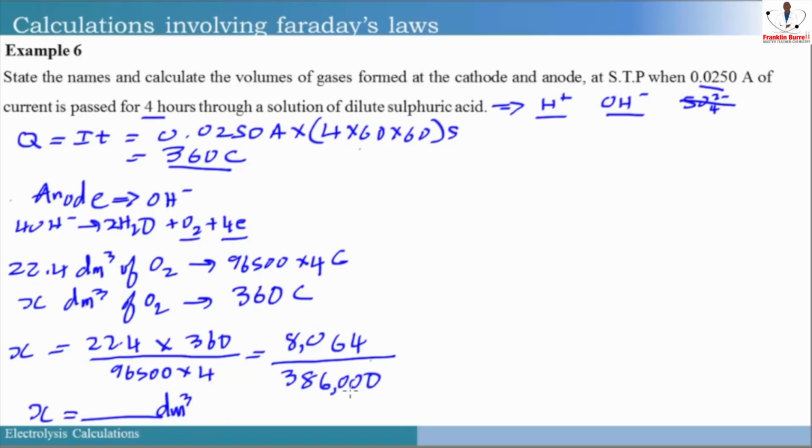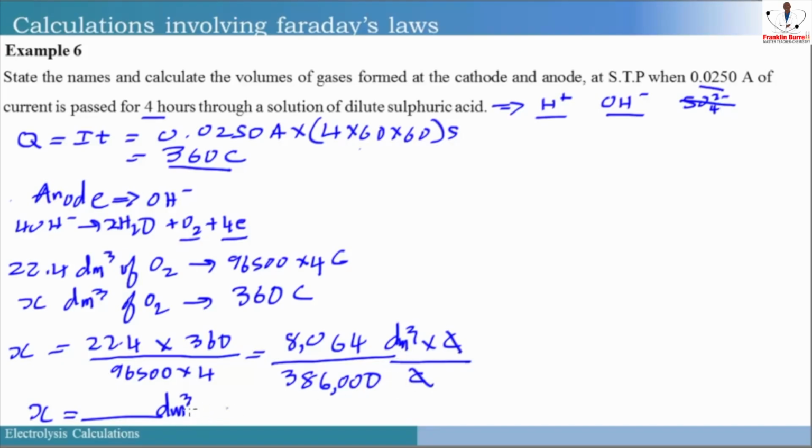So what is the volume in dm cube produced here? We are now going to divide 8064 by 386000, and that will give us our volume in dm cube. Notice here that this would be dm cube times coulombs divided by coulombs, so our unit must be in dm cube.